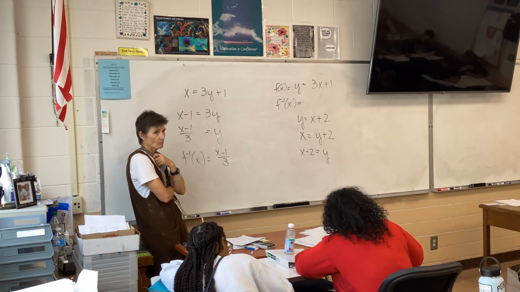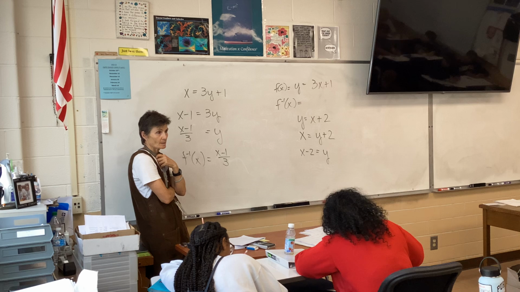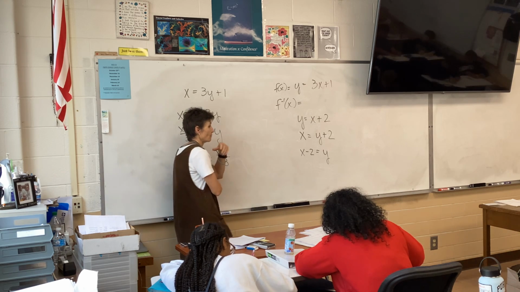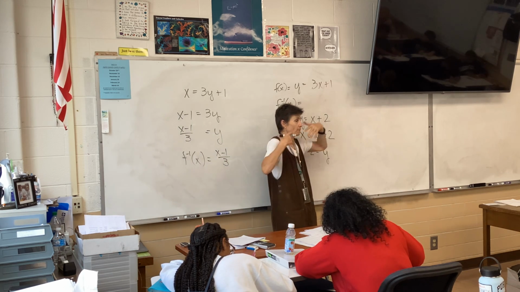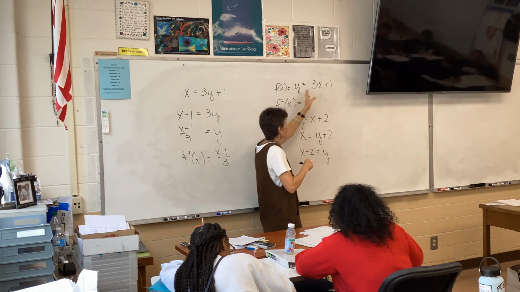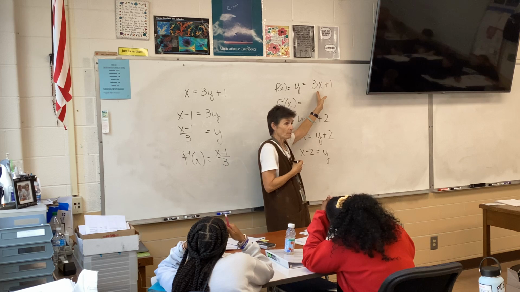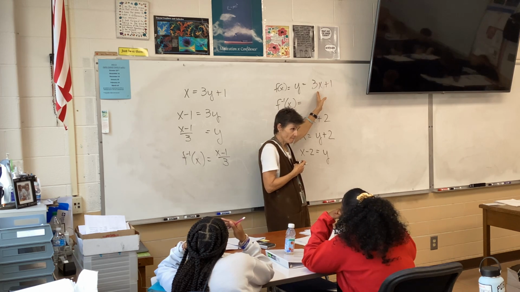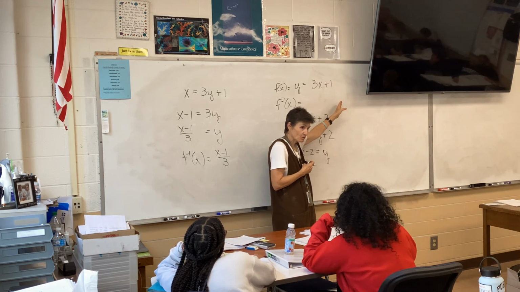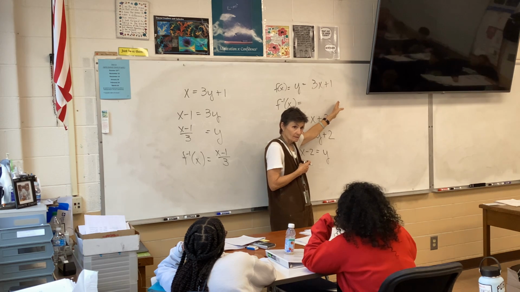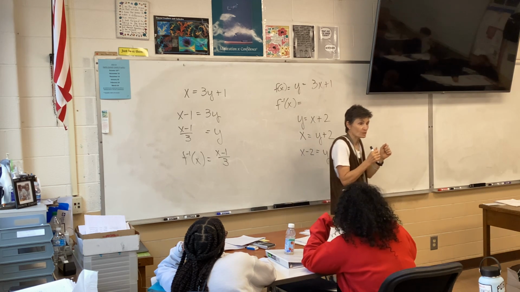Did everybody follow those steps? Okay, let's talk about it for a minute. Pretend I'm a number and you put me into this function. What happens to me? I get multiplied by 3 and have 1 added to me. So functions are like machines.